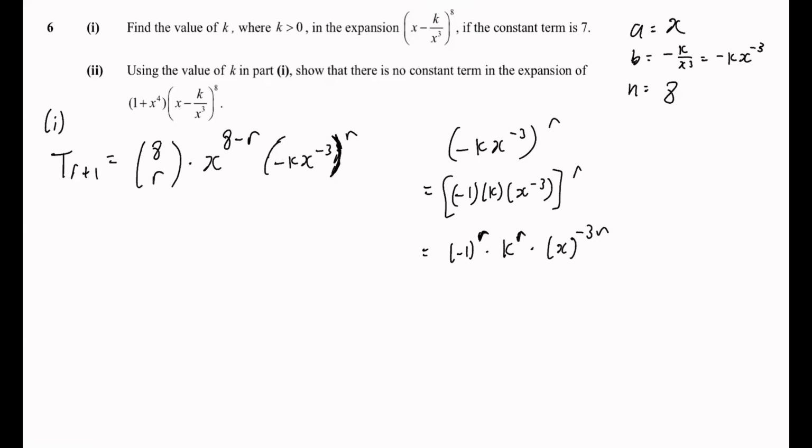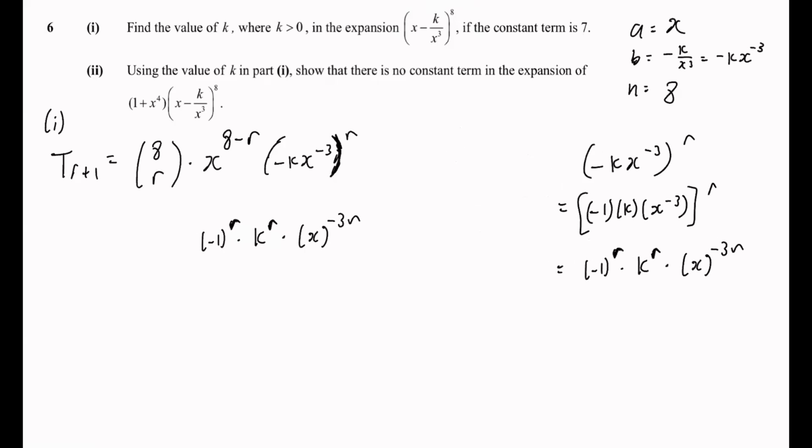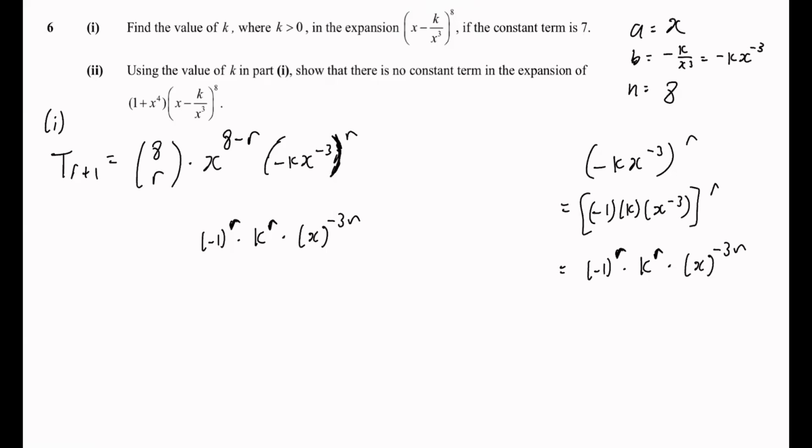Okay, good. Negative 1 power r, k power r, we can't simplify, so we'll leave it. 8 choose r, you also can't simplify, leave it alone first. Then x power 8 minus r, I'm just going to bring it down over here.